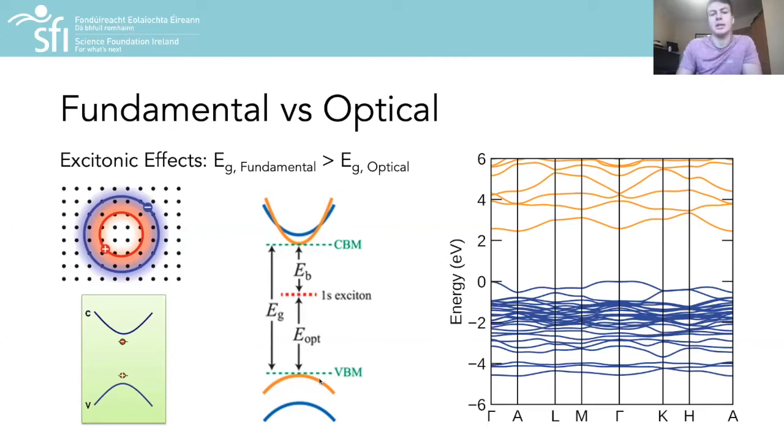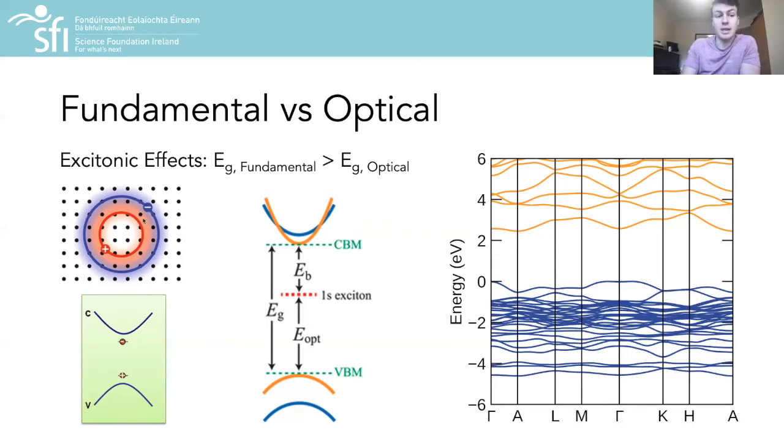One way this can arise is if you have strongly bound excitons in your material. An exciton is an electron-hole pair that is bound by the Coulomb attraction between the negatively charged electron and the positively charged hole that it left behind in the valence band.